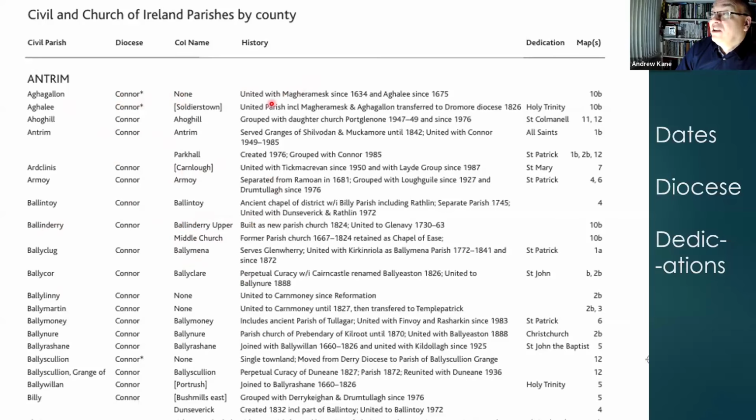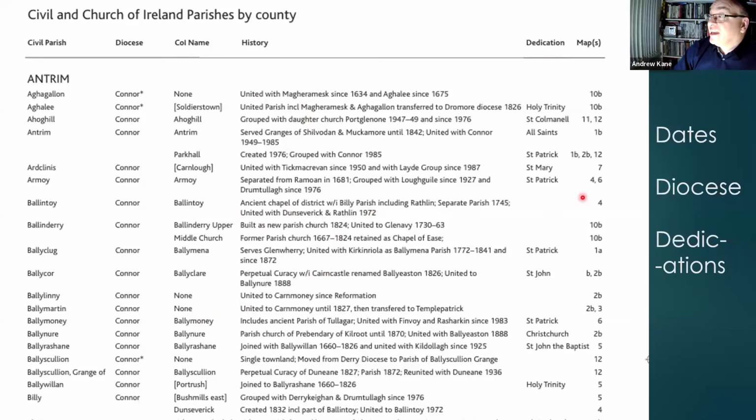It had been united with Macramesk since 1634. So you can read the details, you can read the history, you can see how the parishes have evolved, so that if you are looking for Church of Ireland records in a particular period, you can see which churches existed within your civil parish and which your townland belonged to.